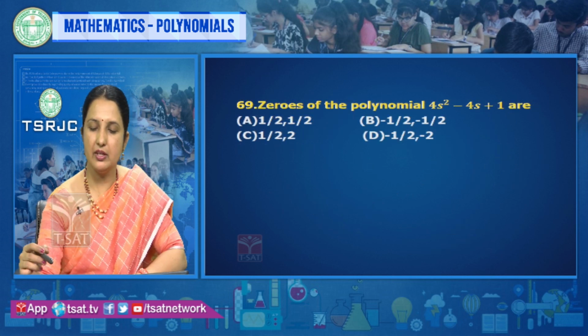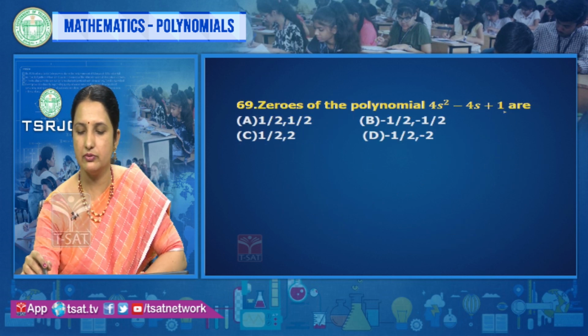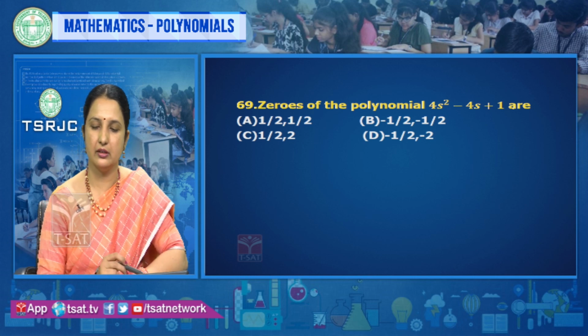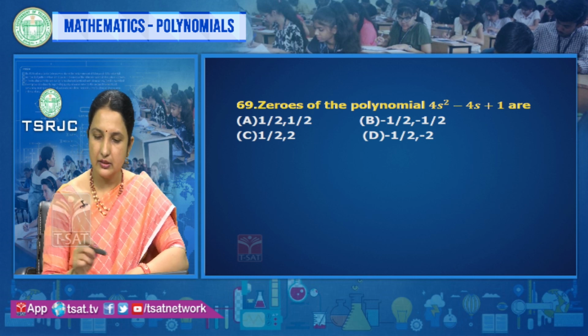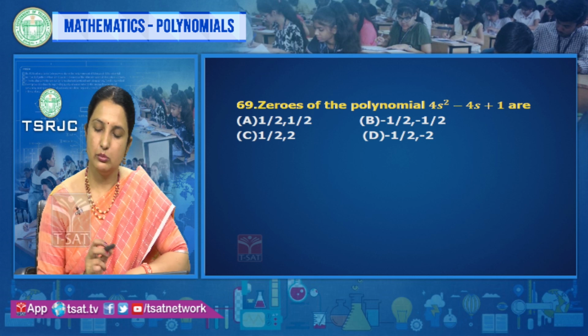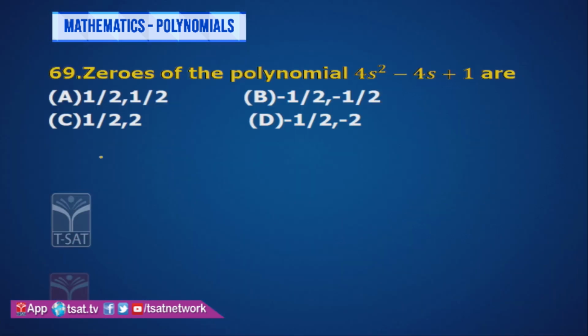Next, zeros of the polynomial 4s square minus 4s plus 1 are. What are the zeros? For this, we have to find out whether both are the same.